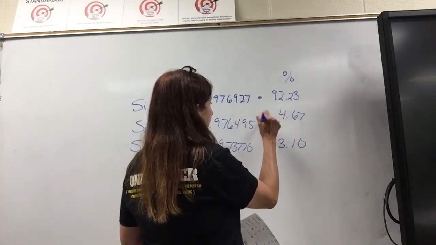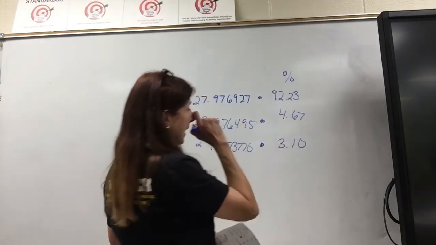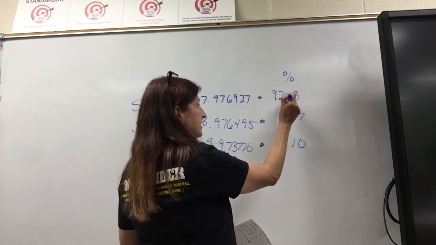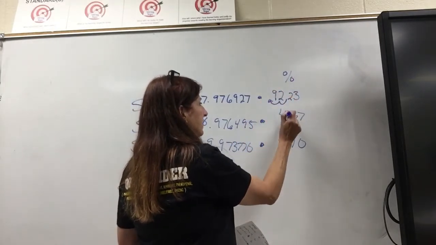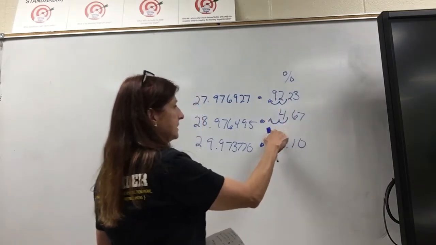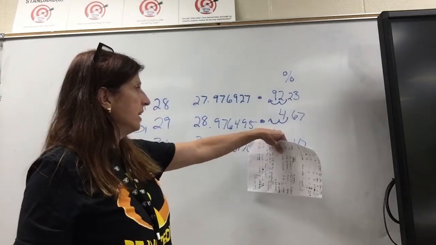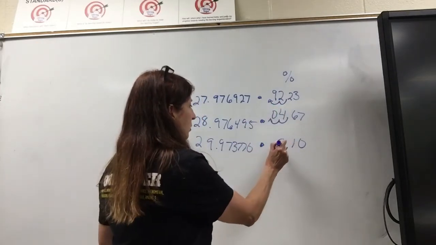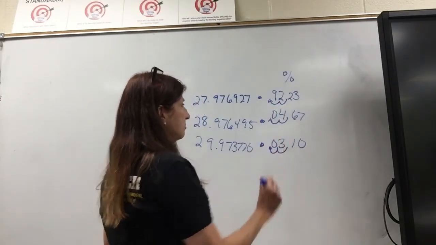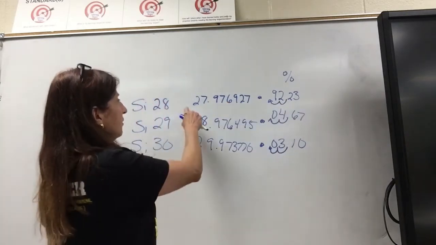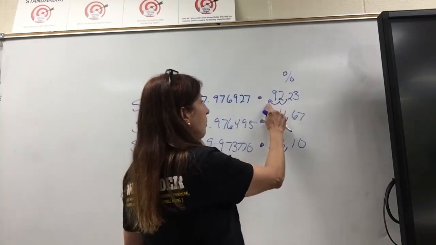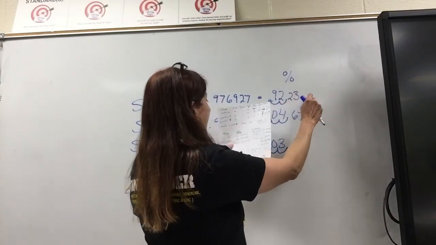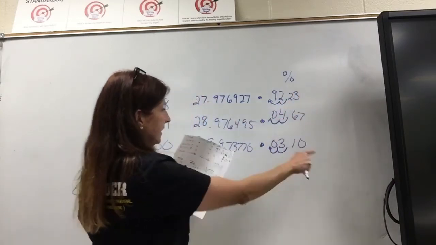You multiply, and you have to change the percent to a decimal by moving the decimal place over 2 places. And if there's nothing there, you have to add a 0. So 1, 2, there's my new decimal. So on my calculator, I'll do this whole big number times 0.9223, and then I'll do it times that and times that.